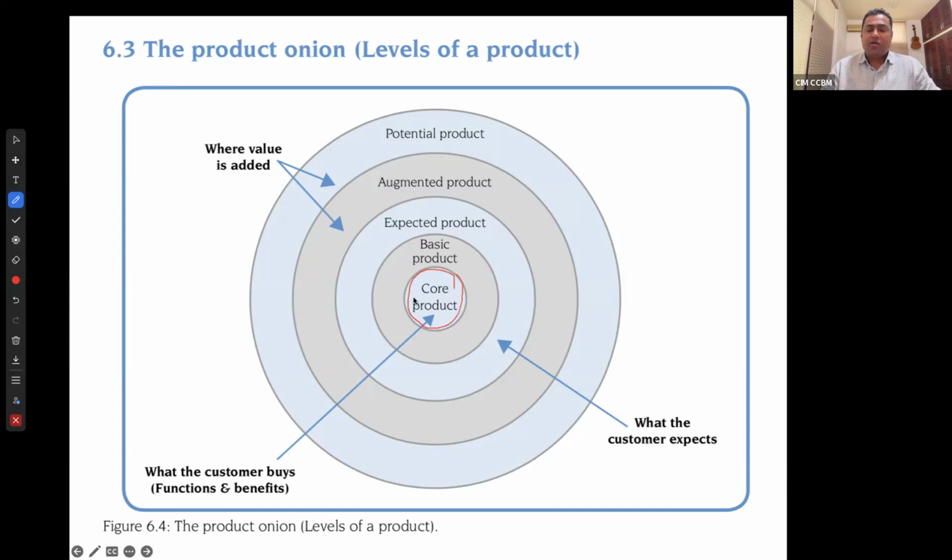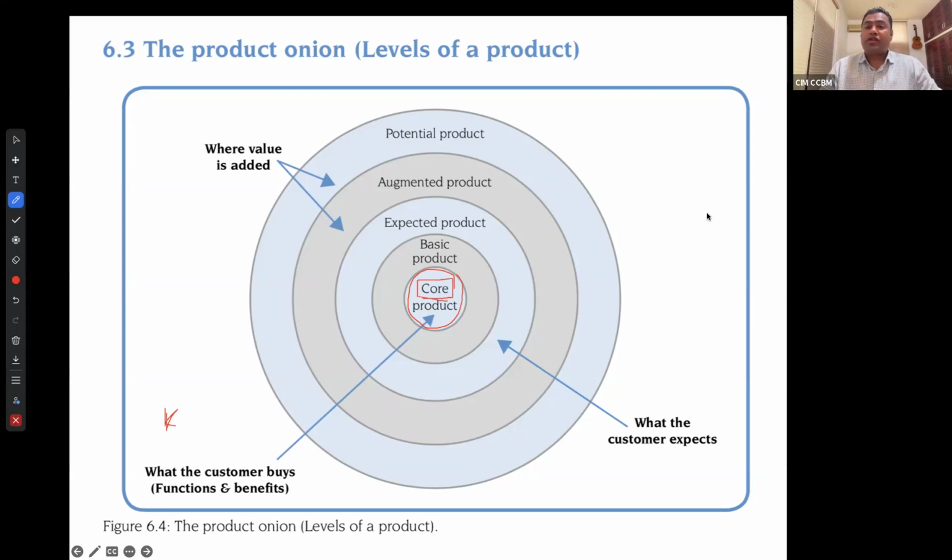What are you buying right now? You have paid for CIM tuition fees. This is an education lecture. When you pay, you are fundamentally buying knowledge. That is the core product that you are buying right now.